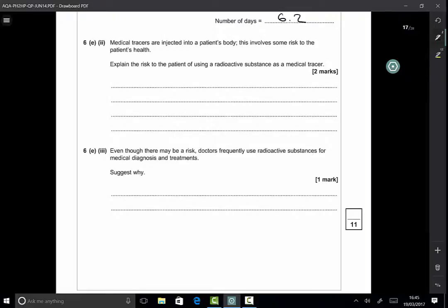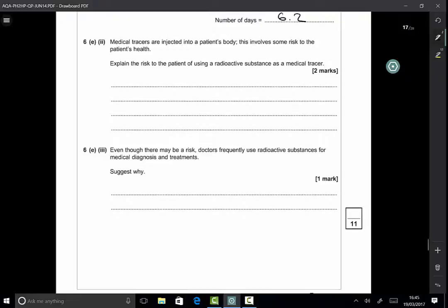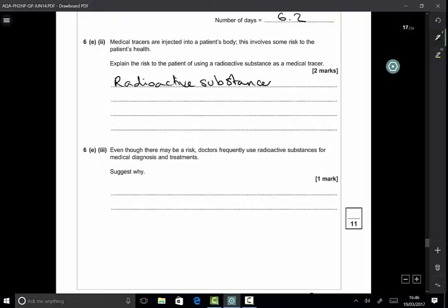Okay, medical tracers are injected into a patient's body. This involves some risk to the patient's health. Explain the risk of using a radioactive substance as a medical tracer. Radioactive substances are ionizing. That means that they can damage cells and they can damage DNA.